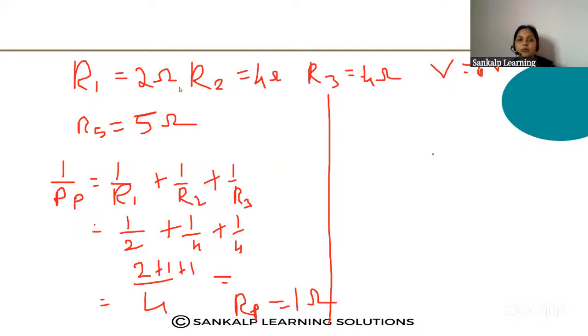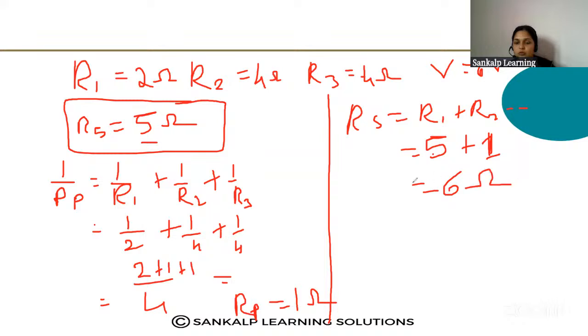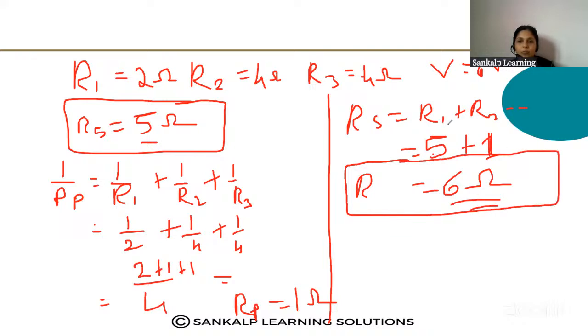And one more resistor is connected in series, so you have to find out the total resistance. When connected in series, Rs is equal to R1 plus R2 plus R3. So here R1 I will take as 5 ohm, and R2 I will take as the total resistance of the parallel resistors, 1 ohm.